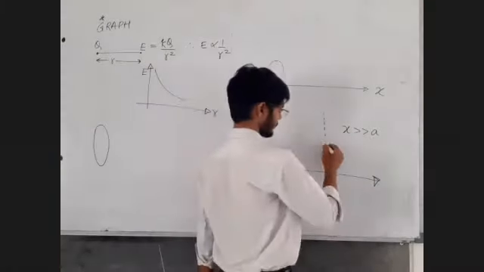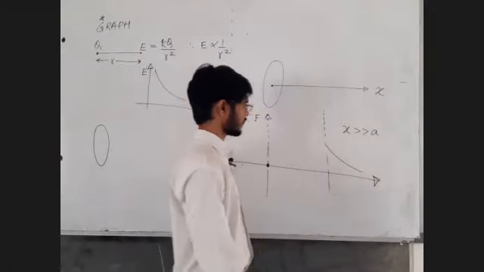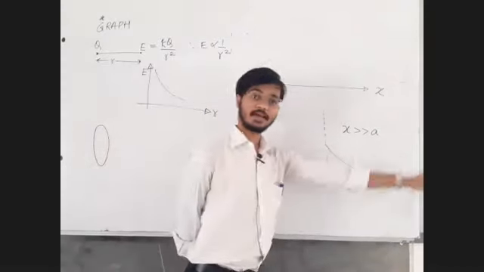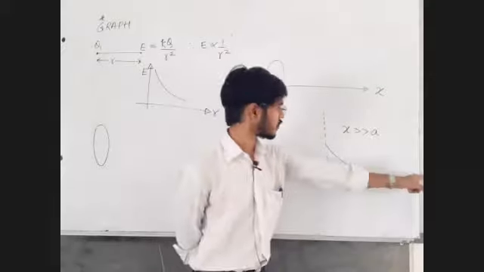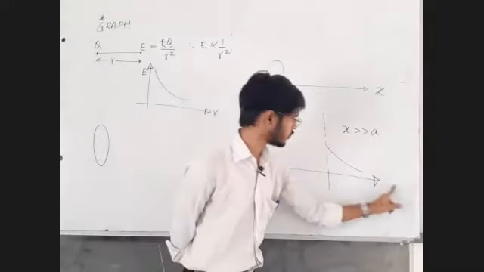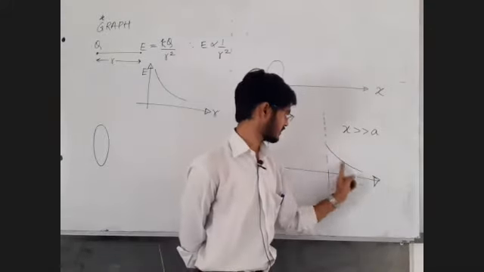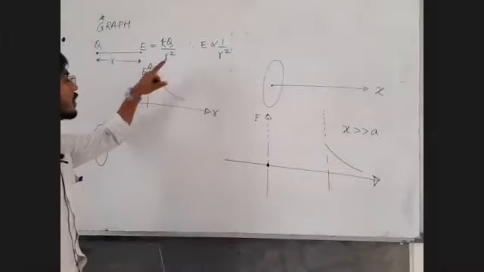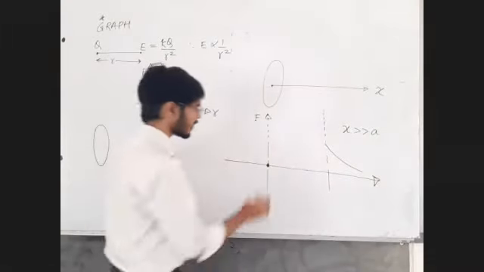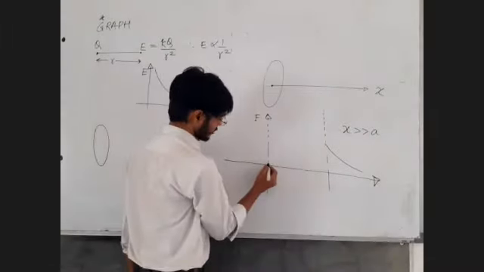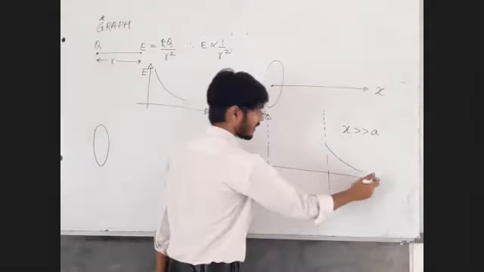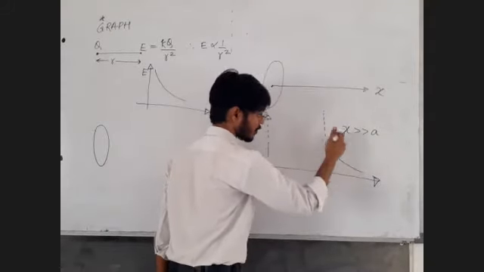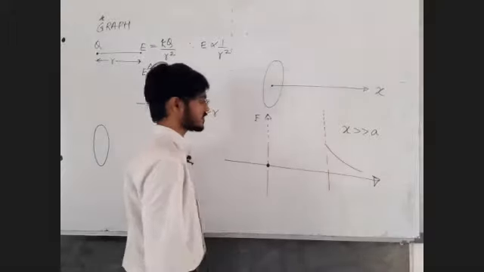At x equal to infinity, the field should go to 0. Yes, it is going to 0. It is continuously decreasing, proportional to 1 upon x square or 1 upon r square. At the center, it is 0. It is decreasing like a point charge.